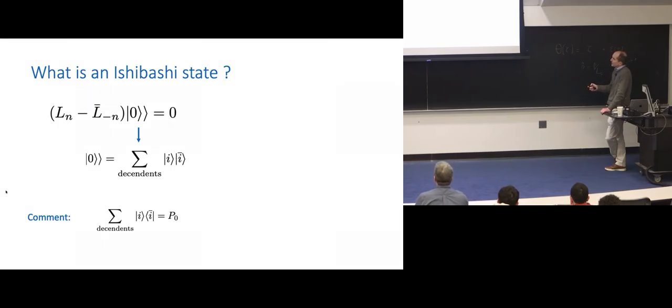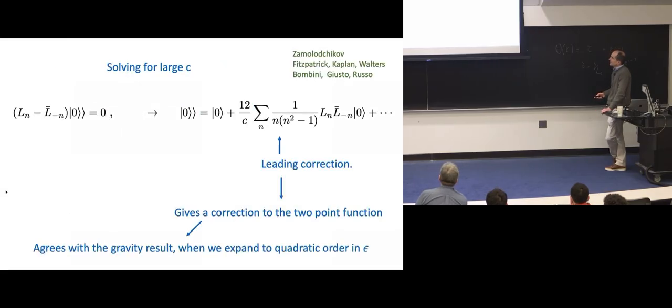You find that this state is a sum over all the conformal descendants of the vacuum for the left movers, in an orthonormal basis, and the same for the right movers. In other words, if we were to flip this bra to a ket, this would be like a projector onto the identity state. So that's what you get.